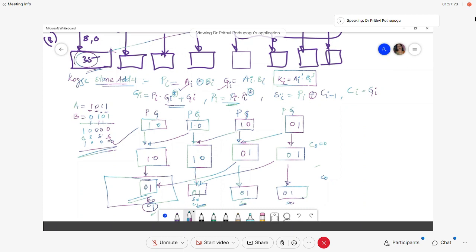If it is binary, the sum and carry of the last bit will be taken from here. Sum will automatically come from the concept of P of I and C of I minus 1. Carry will be the final G of I.